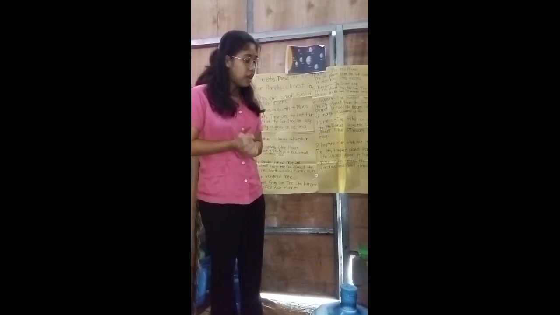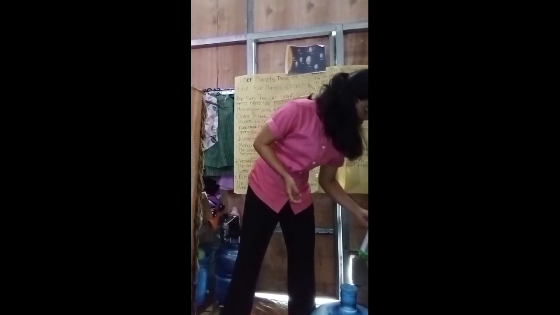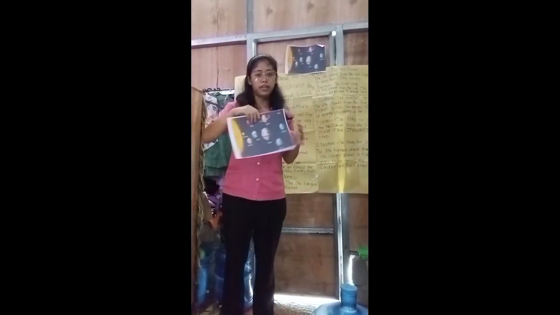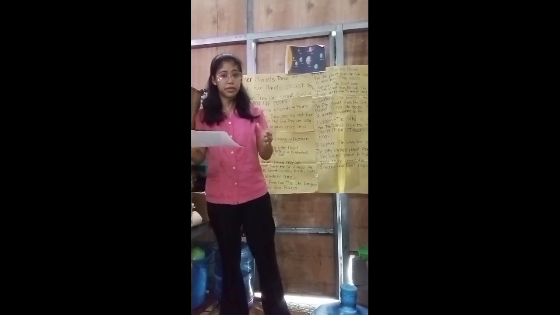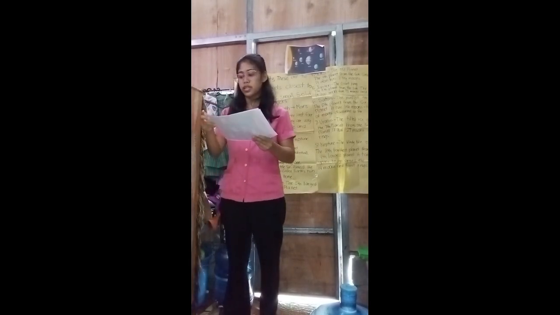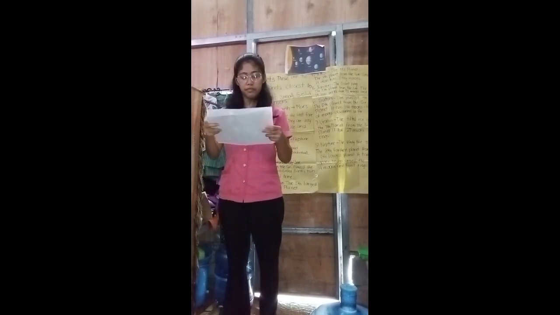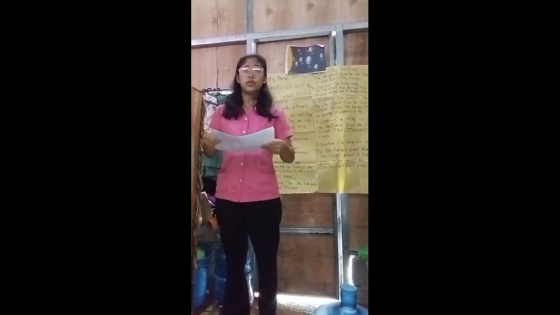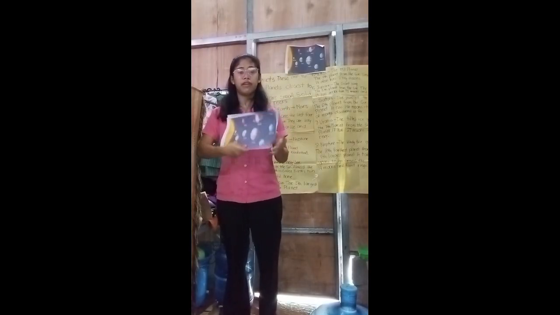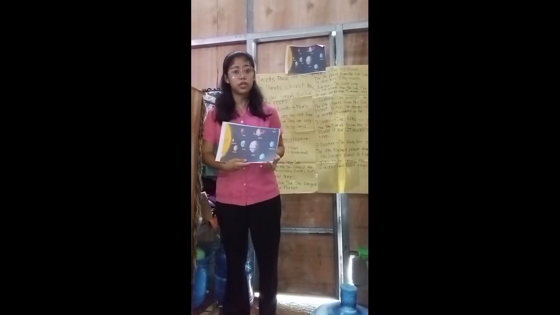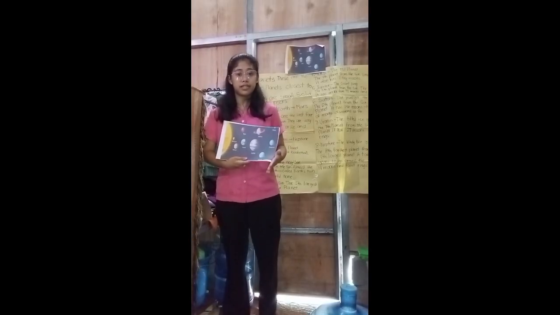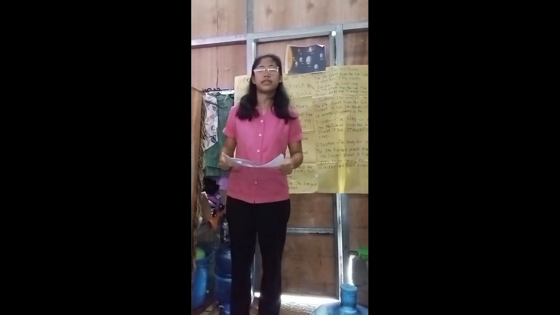So before that, I will group you so that you can observe what the planets nearest to the sun are. I have here a picture of the solar system that you can choose your teammates by.